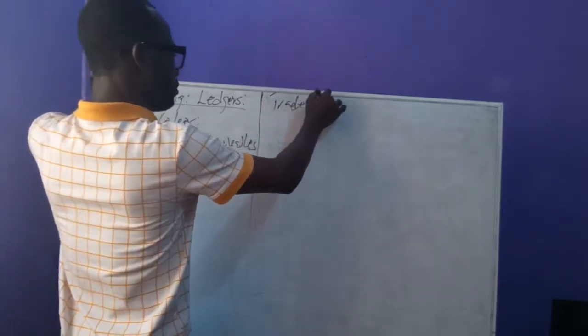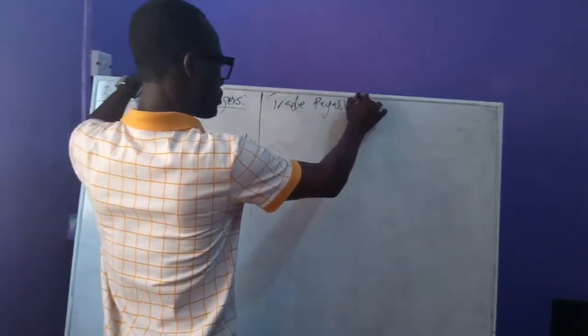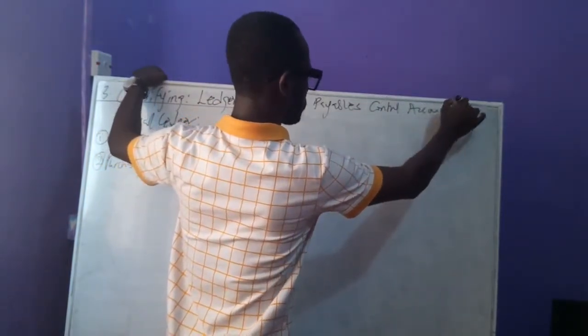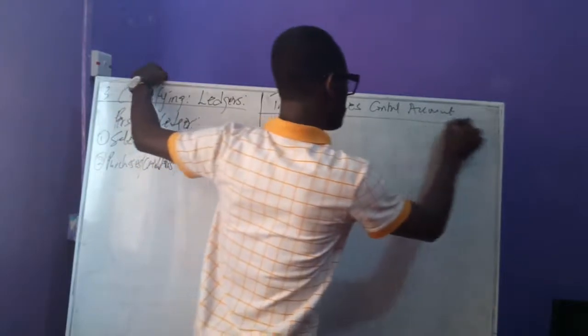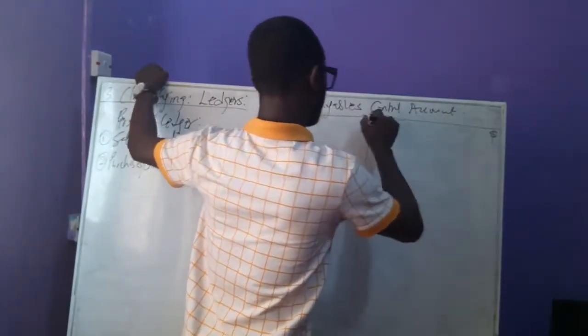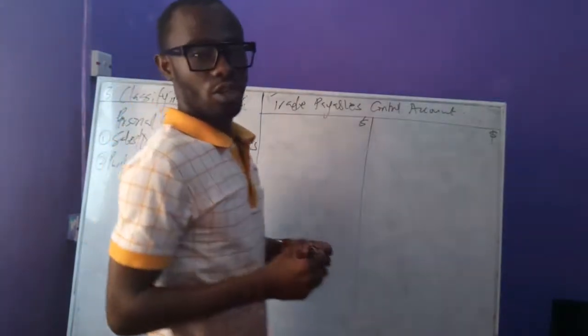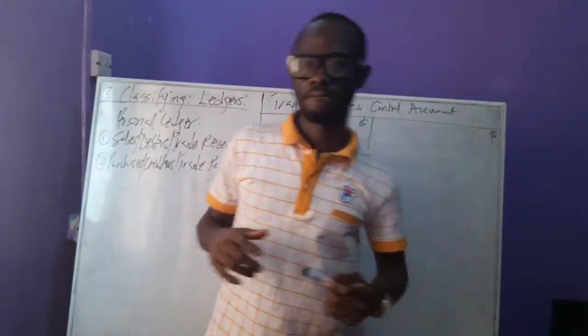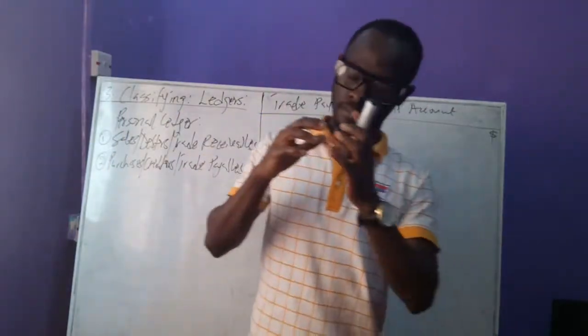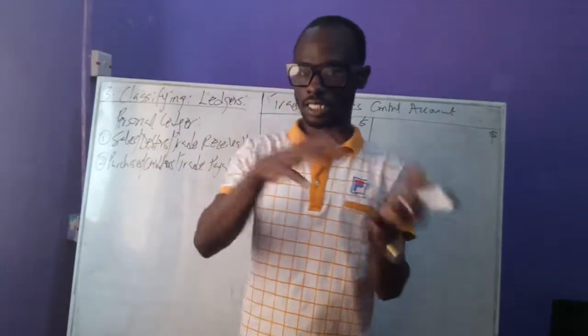So the trade payables control account. So the flip side of the sales is the purchases.